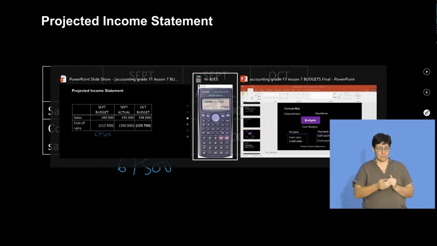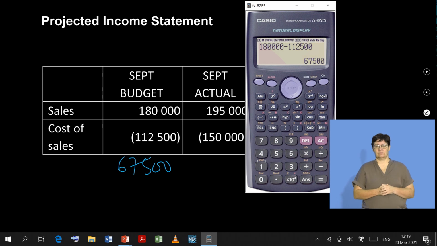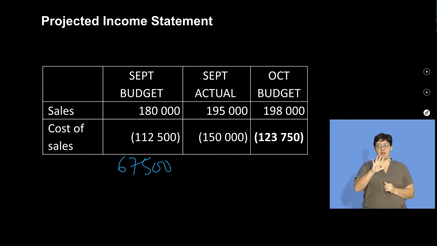Okay, let's take that further. 195,000 is your actual sales figure minus your cost of sales of 150,000. Clearly you can see here 45,000.